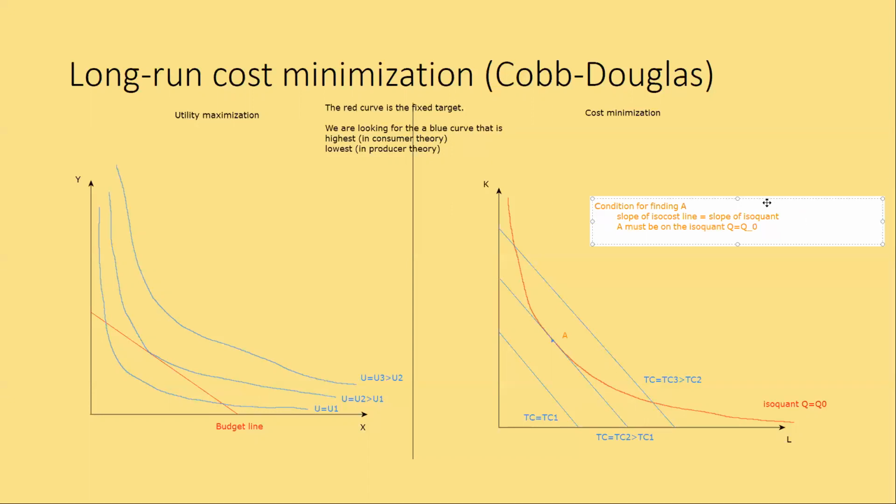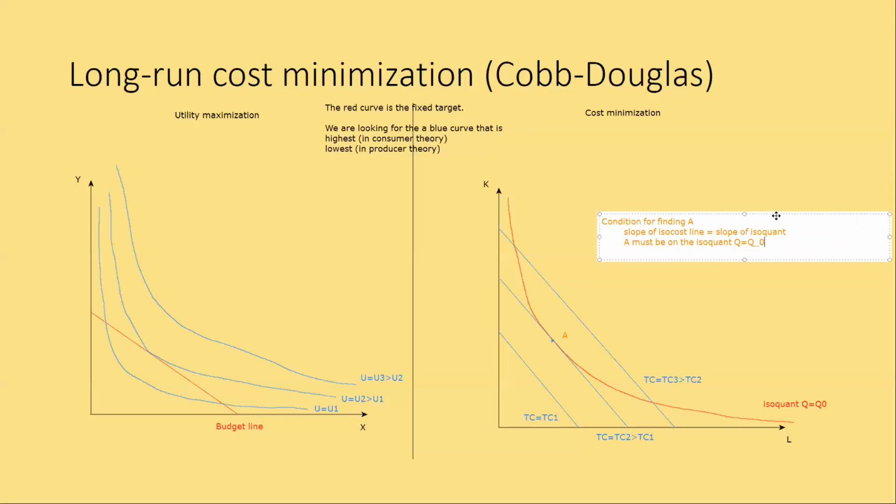So point A must produce the target level of output, that is Q0. And also at point A, the slope of the isocost line must be the same as the slope of the isoquant. So this is how we can find the cost minimizing input combinations.